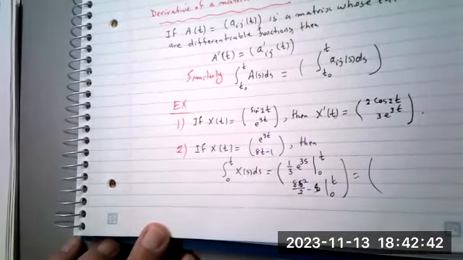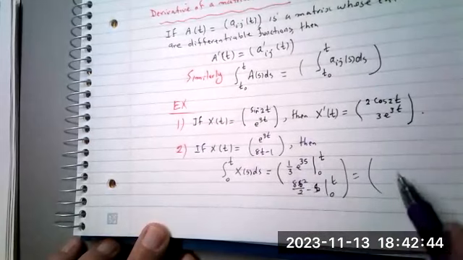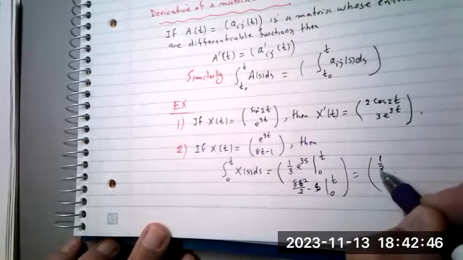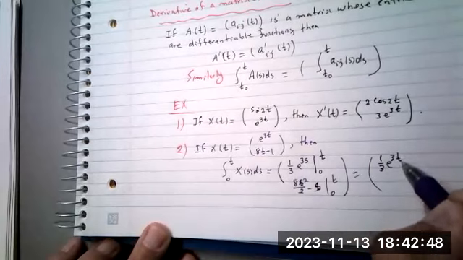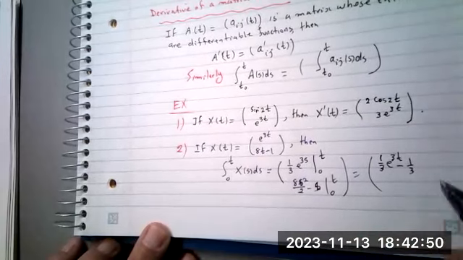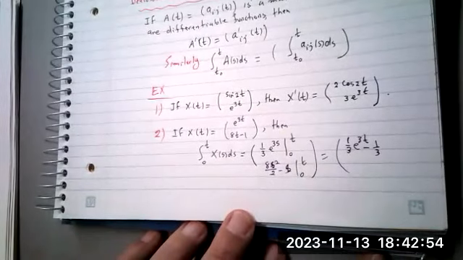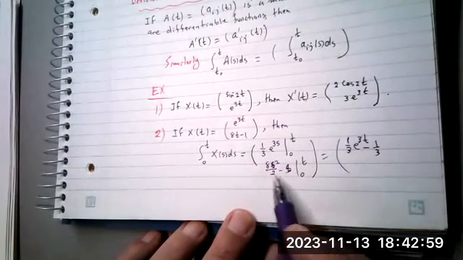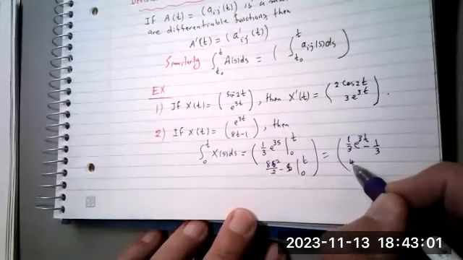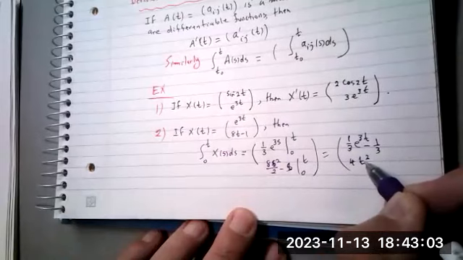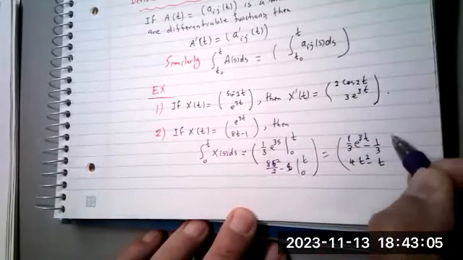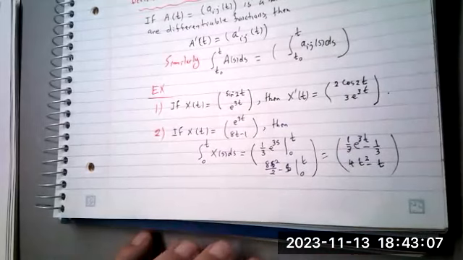So if you substitute t in the first one, that gives you 1/3 e to the 3t minus, if you put the 0, 1/3, because e to the 0 is 1. For the second one, if you substitute t, 8 over 2 would be 4, so that gives you 4t squared minus t. So that gives you the result.